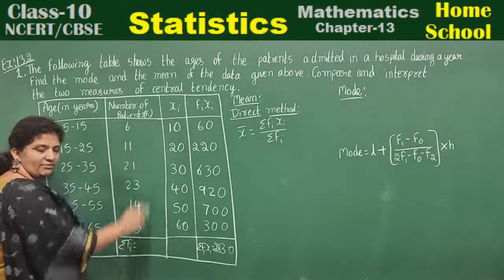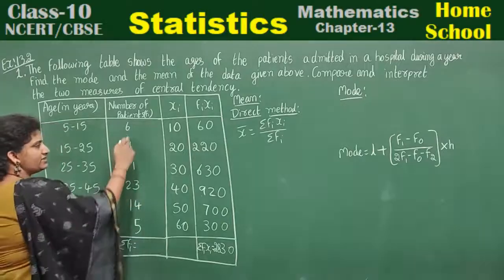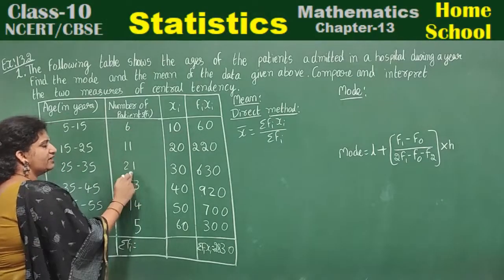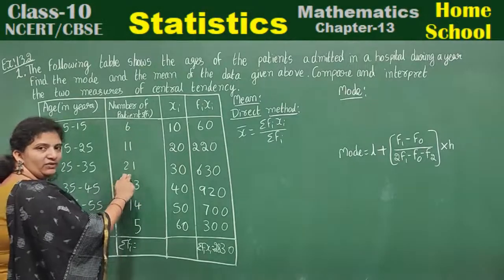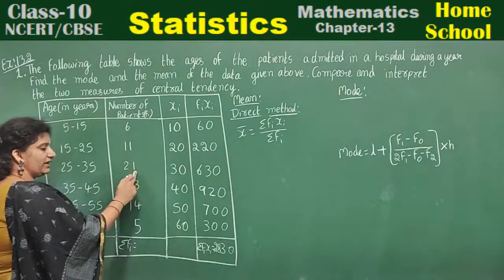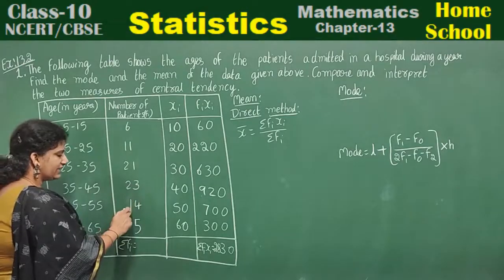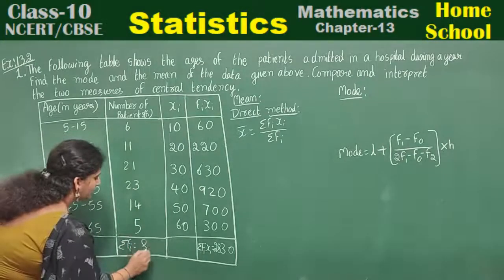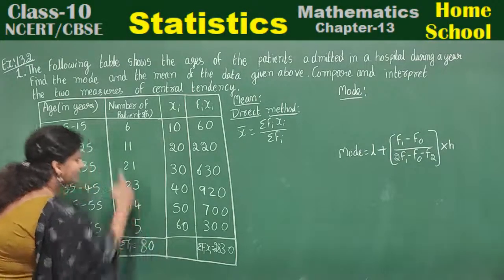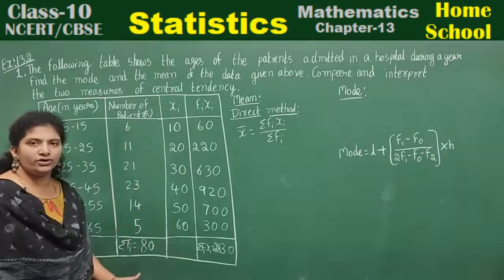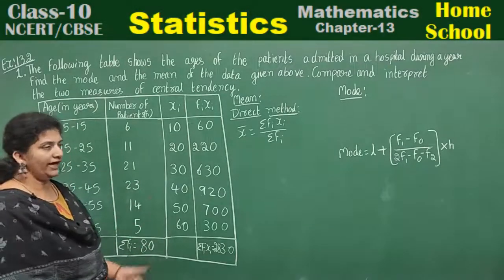Now calculate summation fi. Add this: 11 plus 6, 17. 17 plus 20, it will be 37 plus 1, 38. 41, 61, 71, 75, 80. Now if you add this frequency, you get summation fi is equal to 80.